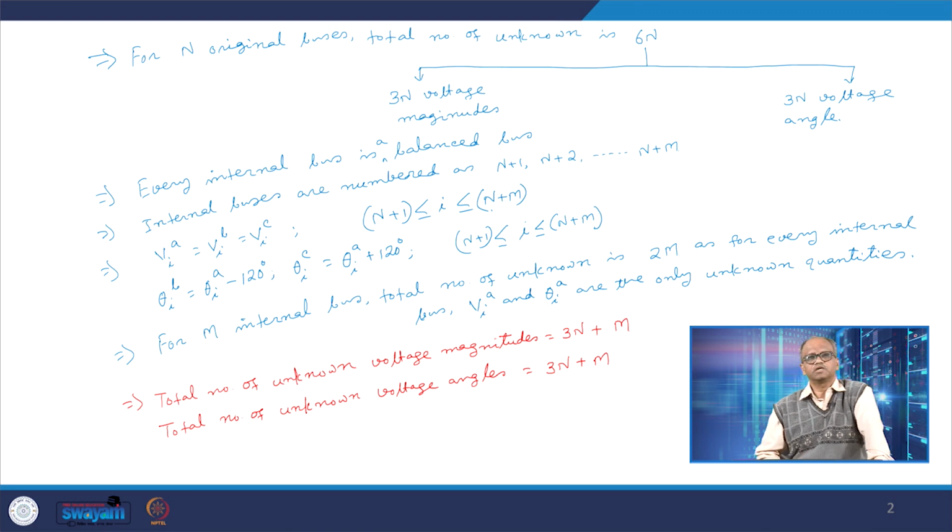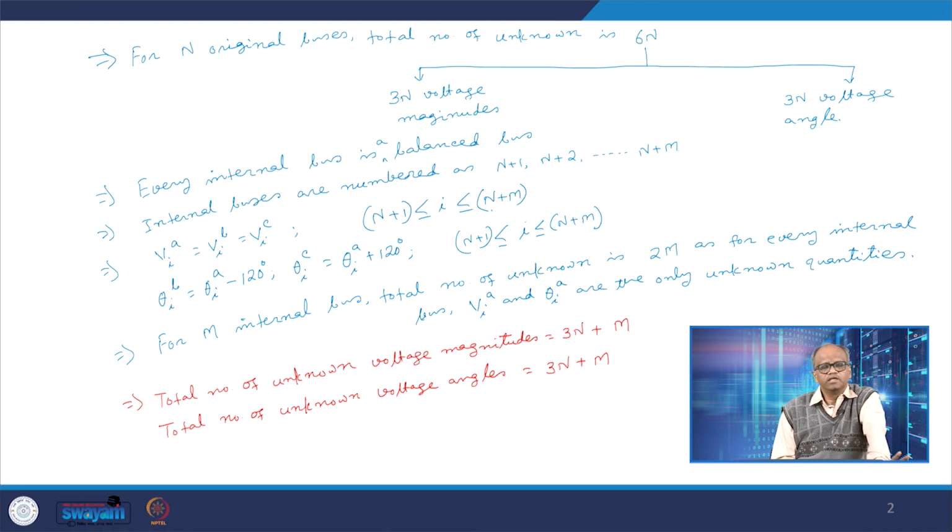But we must understand that for calculating the angles we also need to take one reference angle, and that reference angle will have to be among these unknown quantities. So, we will take one reference angle.